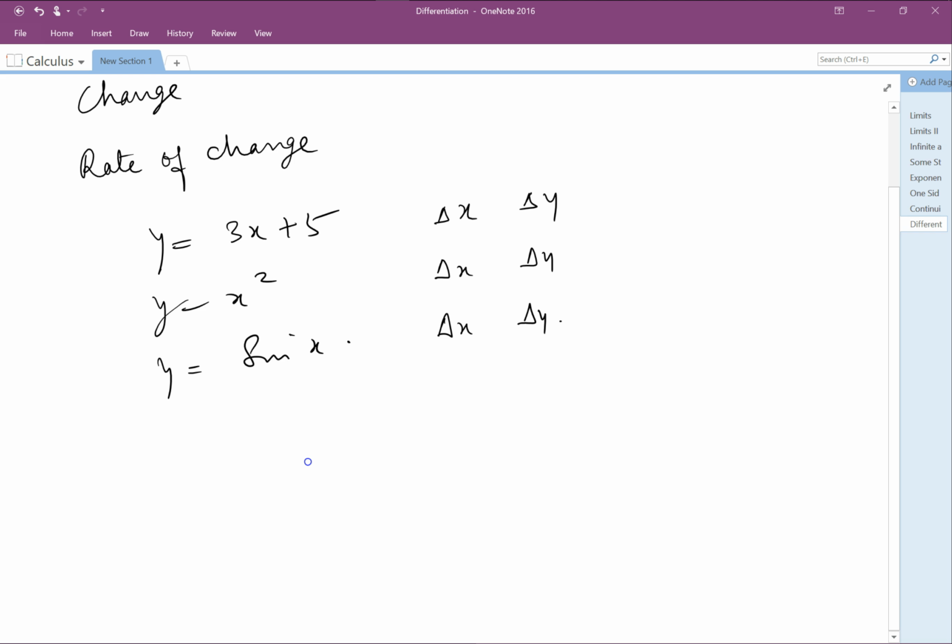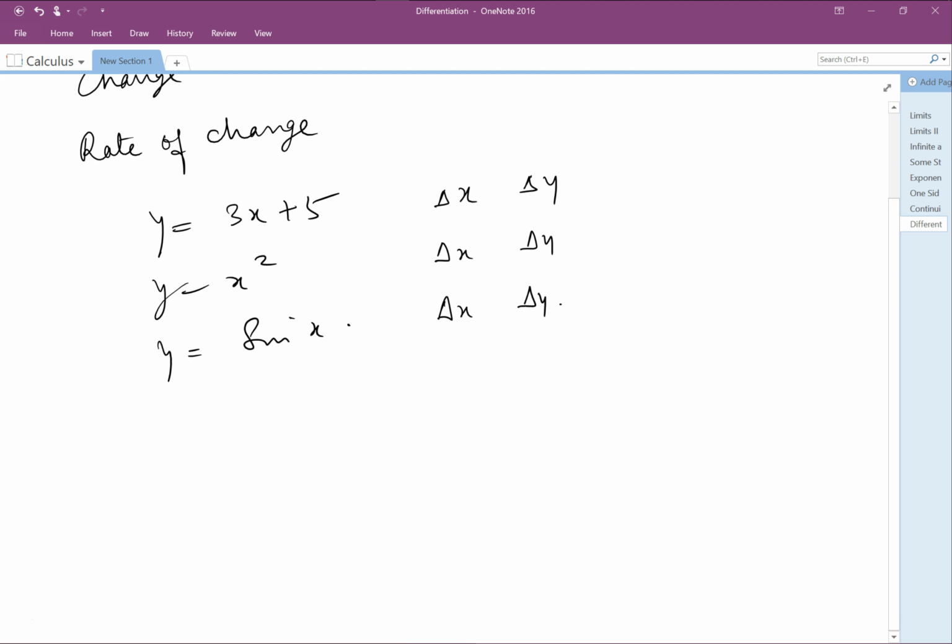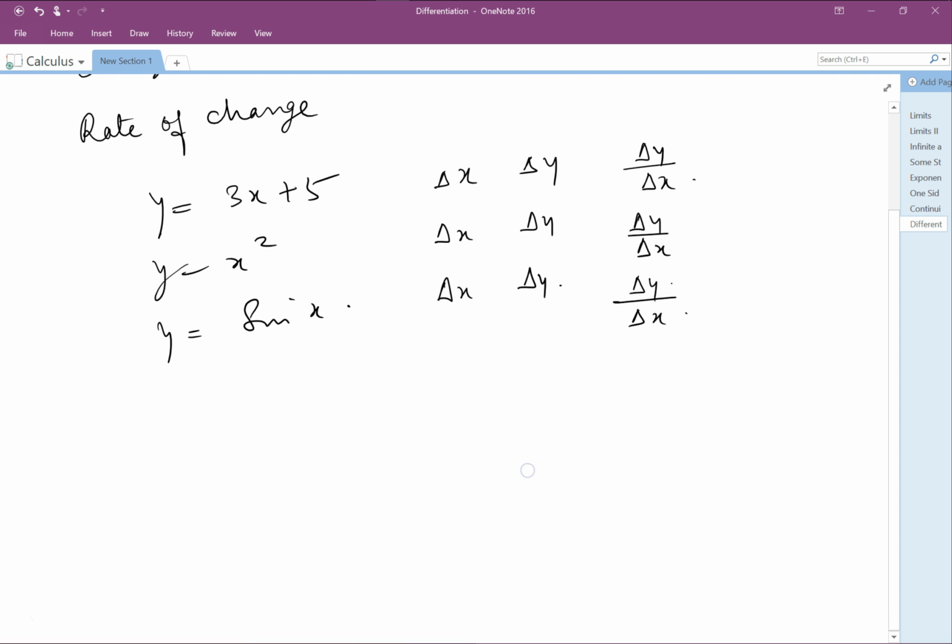Now, to be able to do subtraction, we need to have 2 points, isn't it? So, let's say we start off with a particular value. By the way, here the rate of change would be delta y by delta x. That is what is meant by rate of change, the rate at which y is changing with respect to x.